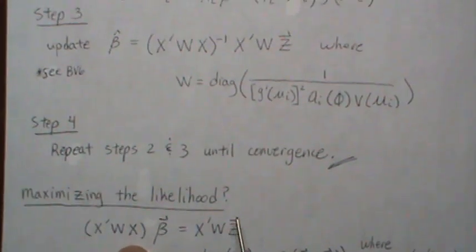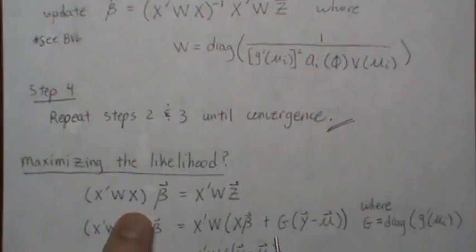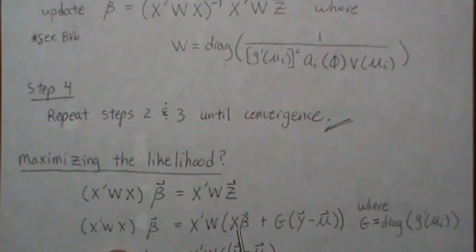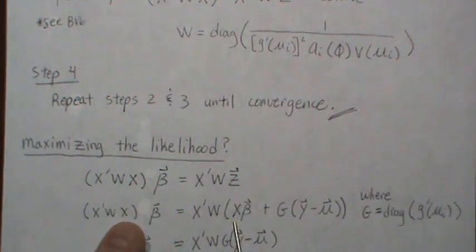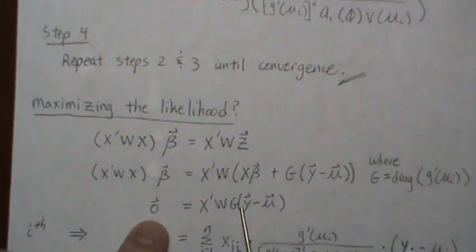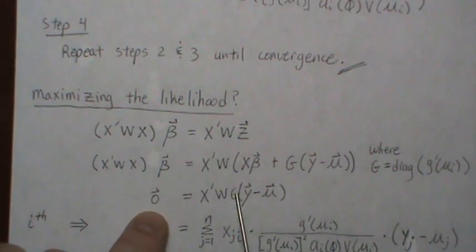But let's plug in what we know about z, which is this piece right here in matrix notation. So it's x beta, g is this diagonal matrix. Then notice that when we multiply this into both pieces, then these are equal. So we subtract it from both sides, so we get 0, and then we just get this times this piece right here. But now this is a vector, so let's think about the ith component of this.